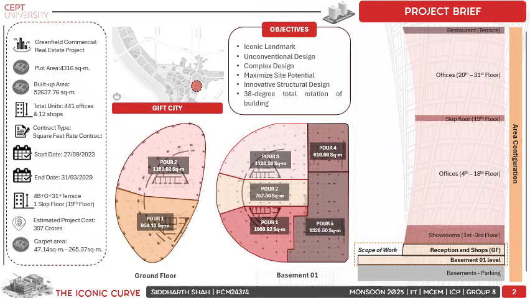The project will be executed on a square feet contract, and for our studio we have fixed the scope of work as basement 1 and ground floor. The floor bifurcations of basement 1 and ground floor are mentioned here.